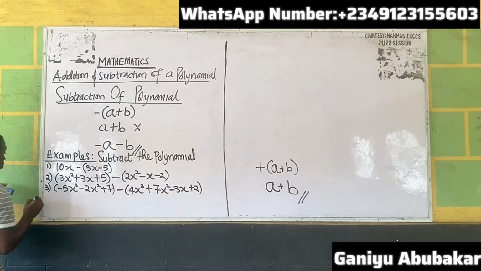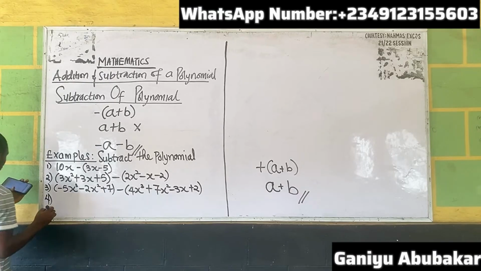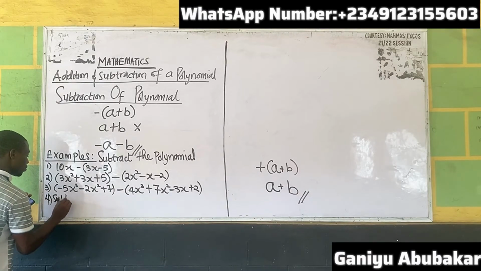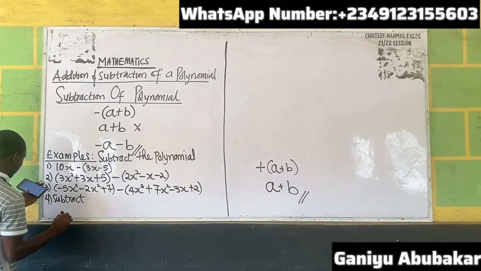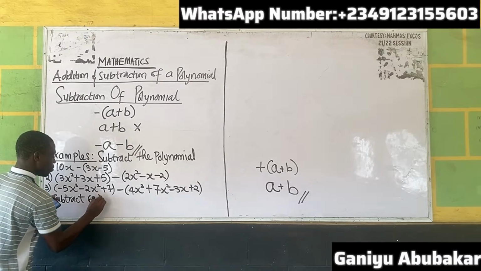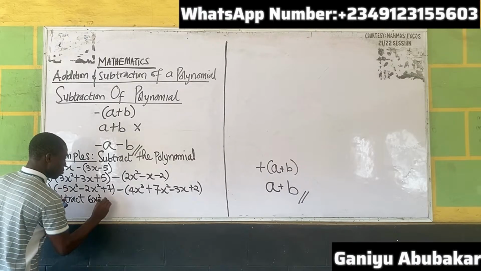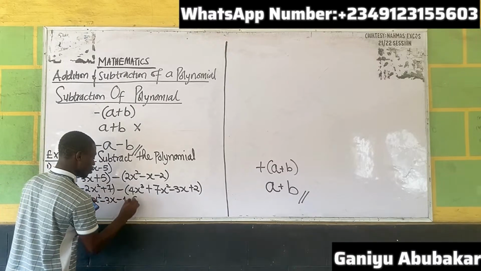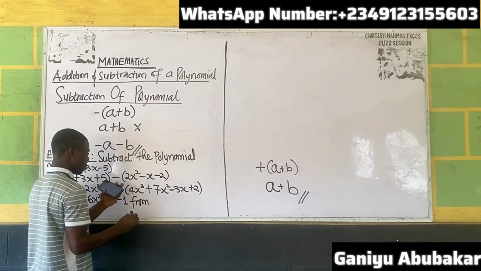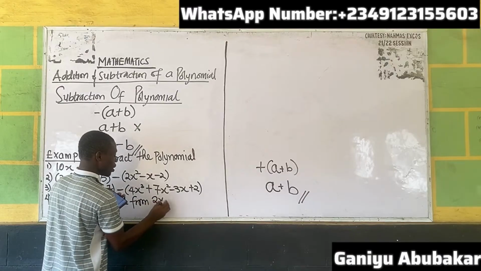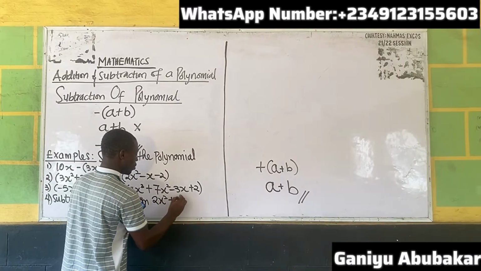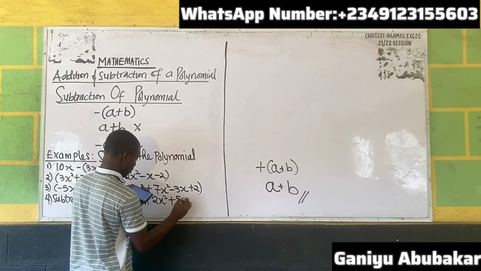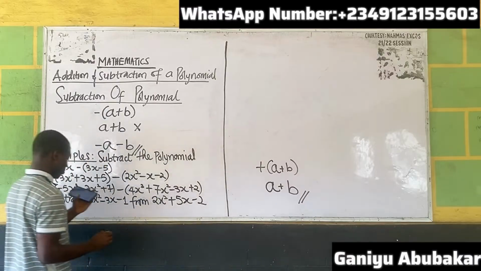Number four: subtract 6x squared minus 3x minus 1 from 2x squared plus 5x minus 2.